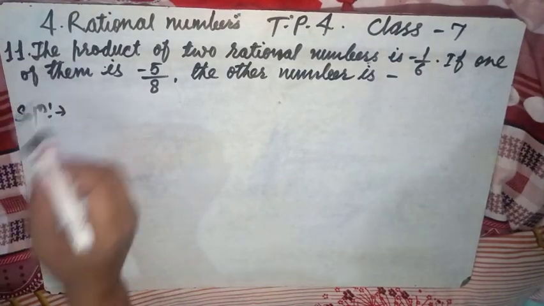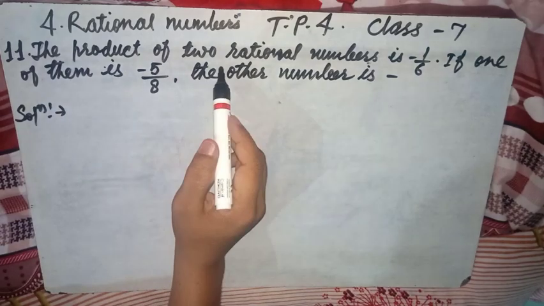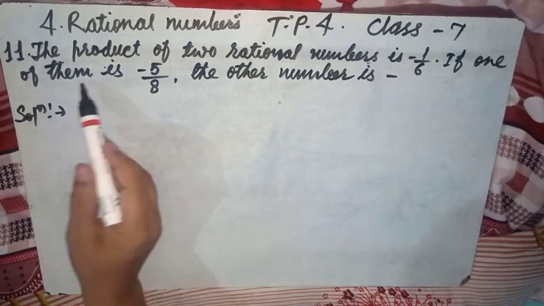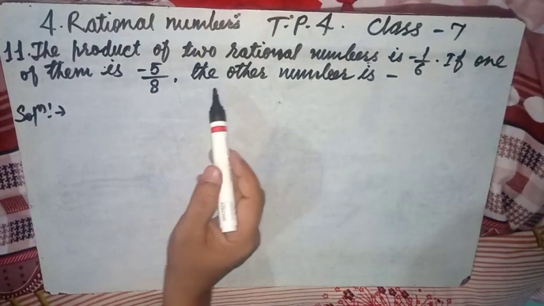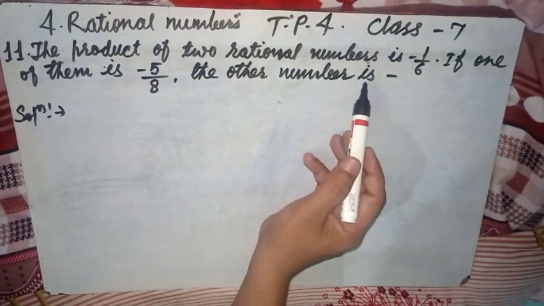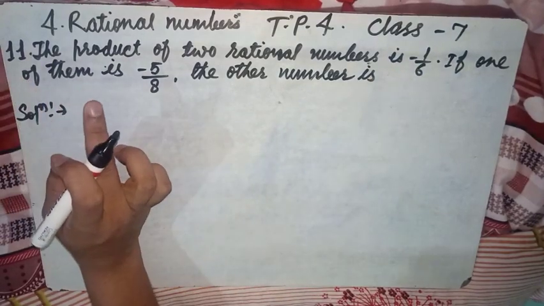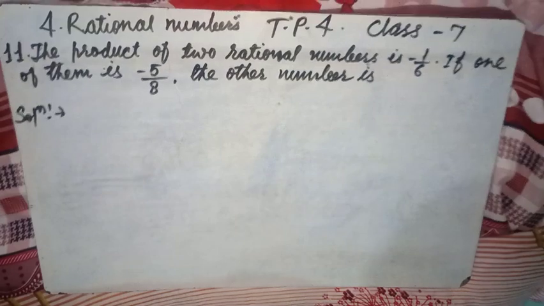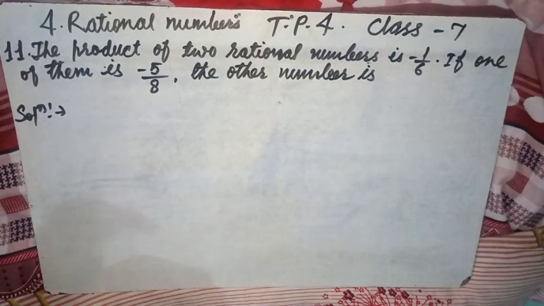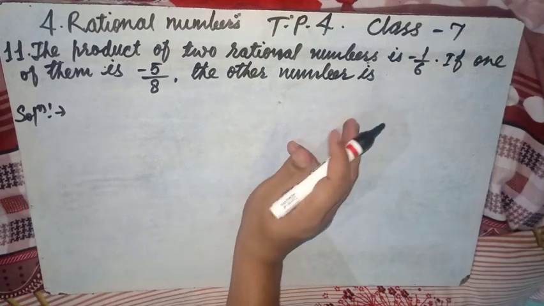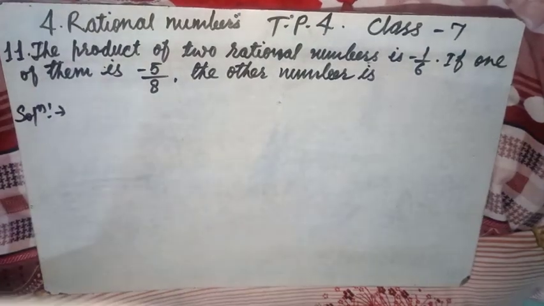Question number 11 says the product of two rational numbers is minus 1 by 6. If one of them is minus 5 by 8, the other number is what? Question number 11 has 4 options. Now see friends, here we have to find the other number.